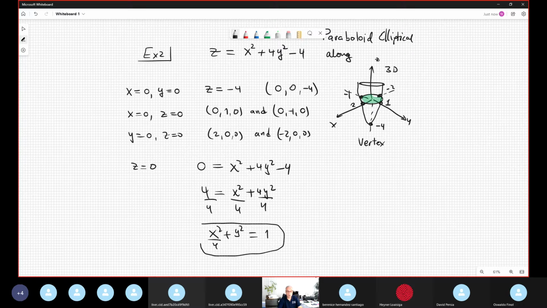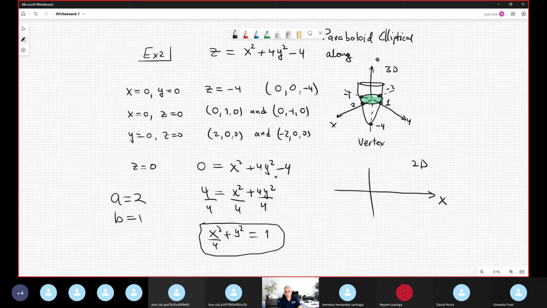Wow. So I detect that a is 2 and b is 1. In this case, the major axis of this ellipse is located in the x direction. This is the 3D view and this is the 2D view.